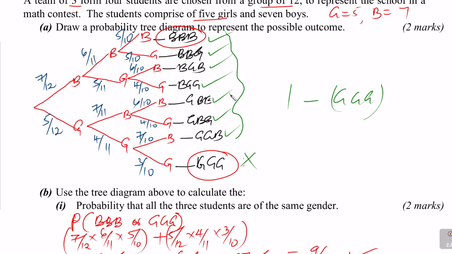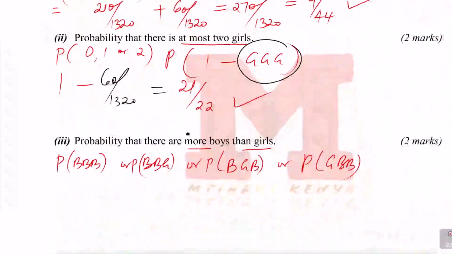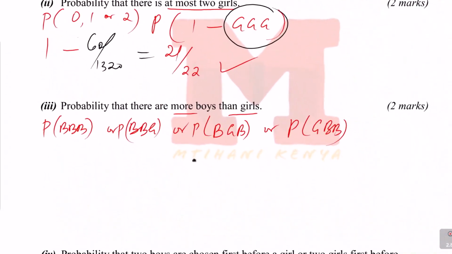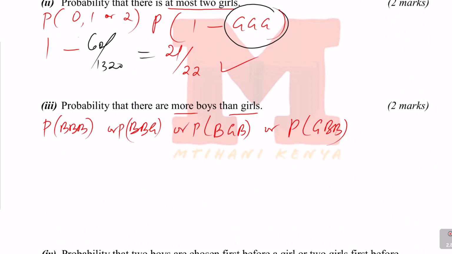So we multiply that out. The first one is 7 divided by 12, multiplied by 6 over 11, multiplied by 5 over 10.